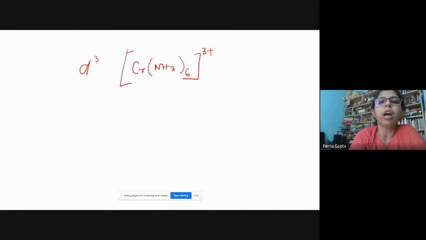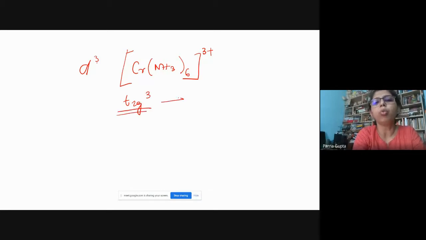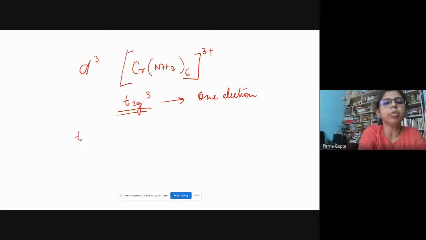So let's say you have chromium [Cr(NH3)6]3+, so d3, and you have a t2g3 system. If one electron goes to the excited state, then you can have t2g2 eg1.